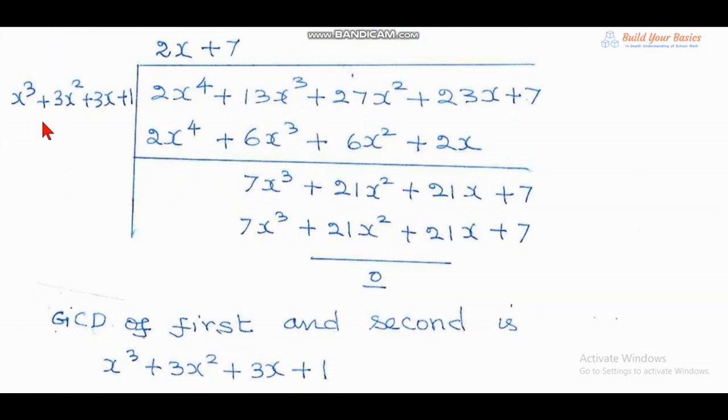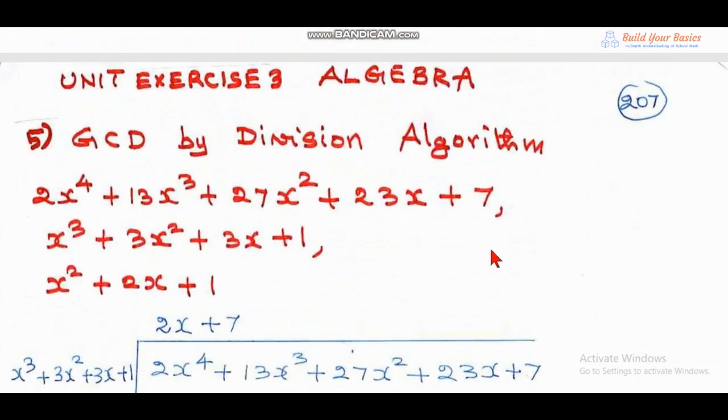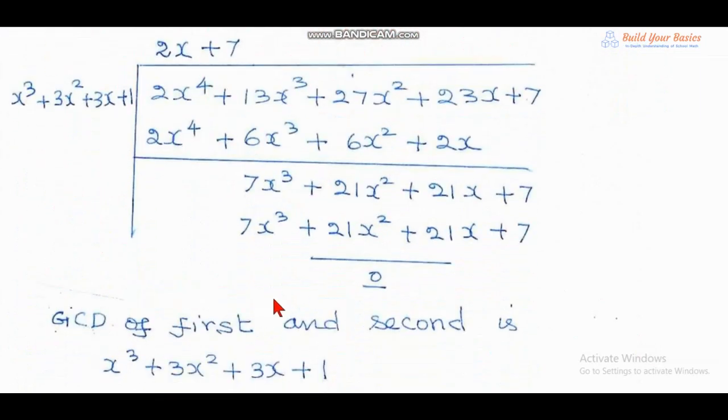So the divisor x cubed plus 3x squared plus 3x plus 1 is the GCD of the first two polynomials. Now let us take up the GCD of this polynomial with the given third polynomial.